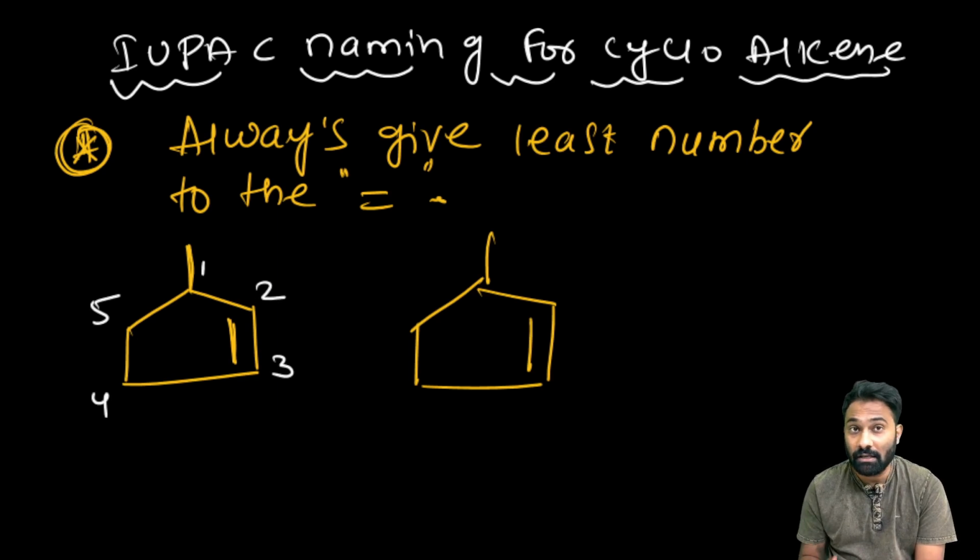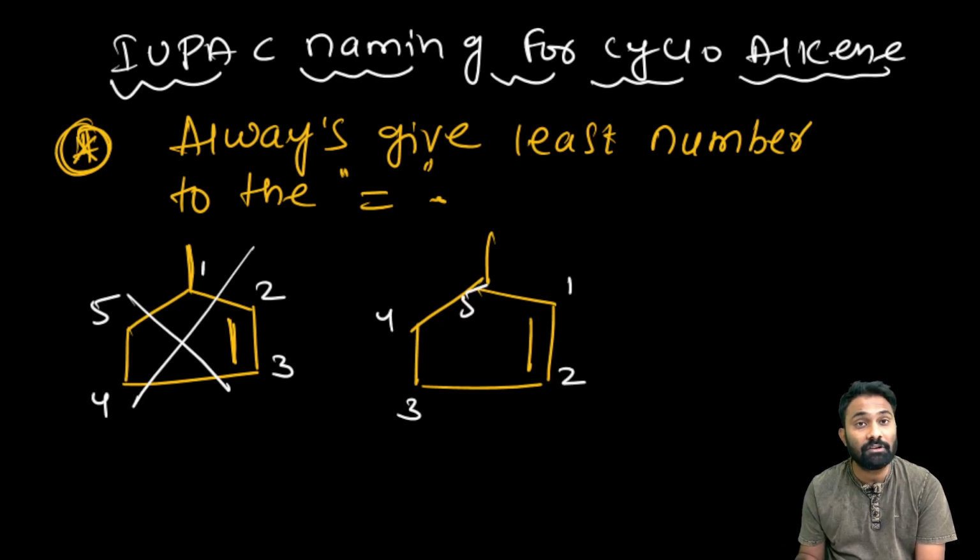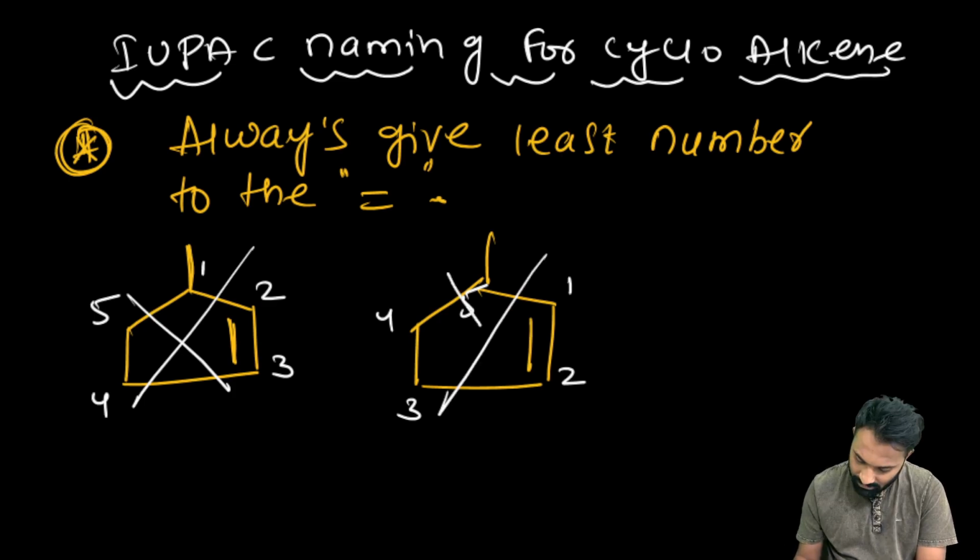But I said the double bond should get the least number, and here the double bond is getting 2 and 3, so this numbering is wrong. Then when the double bond gets the least number, 1, 2, 3, 4 and 5, the substituent should also get the least number. Here the double bond is getting 1 and 2, but the substituent is getting 5.